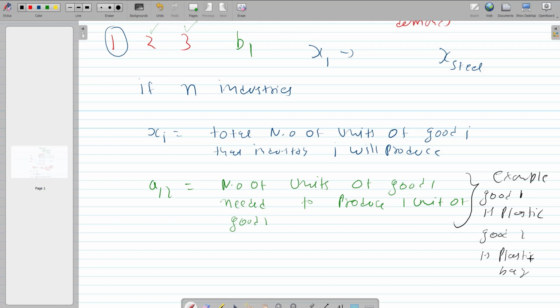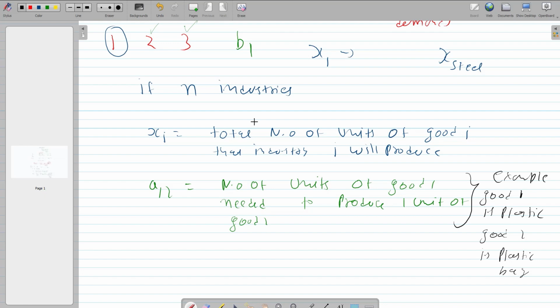Now this a12 can be anything depending on your question, your situation, and the industry you are studying. This is just a notation for how you will read a general Leontief system, so you should know the interpretation of this a12.